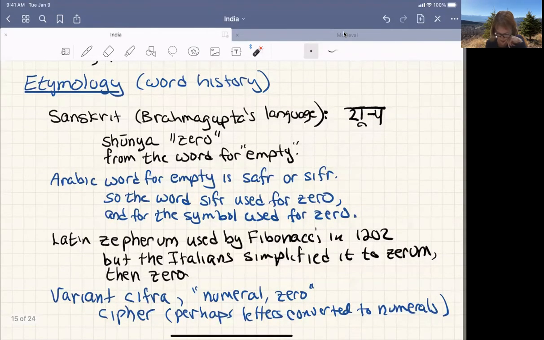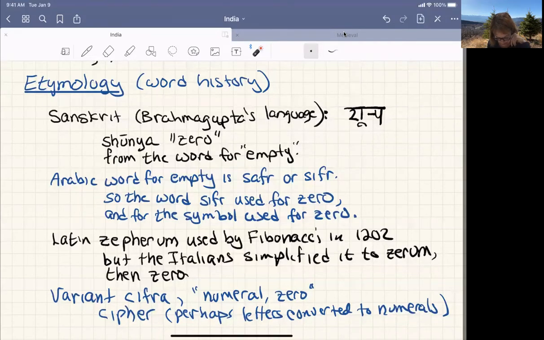Now, by the way, this Arabic word sifra sounds a lot like the word cipher. So actually, the word cipher comes from this as well. So a variant is sifra, which meant a numeral or zero.